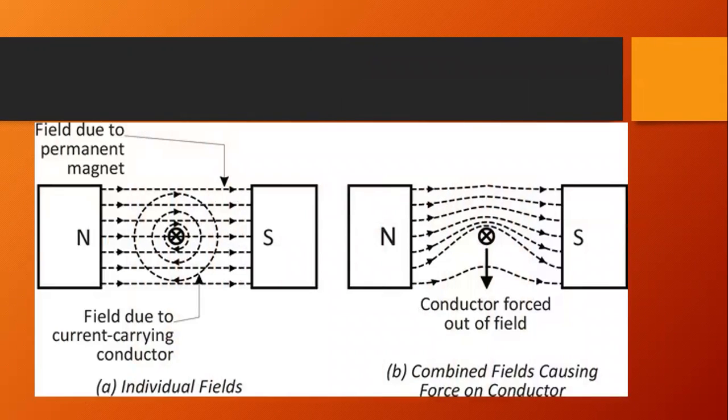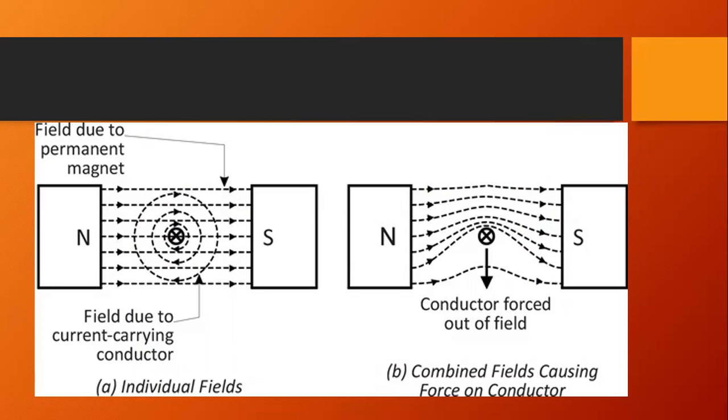You see in that figure, there is a wire, okay? The current in the wire is into the paper or into the page, and there is a magnetic field from north to south. Magnetic line of force is from north to south. Field due to permanent magnet.